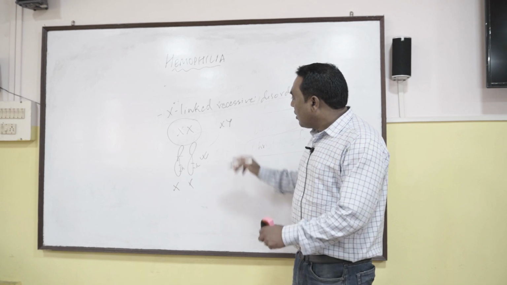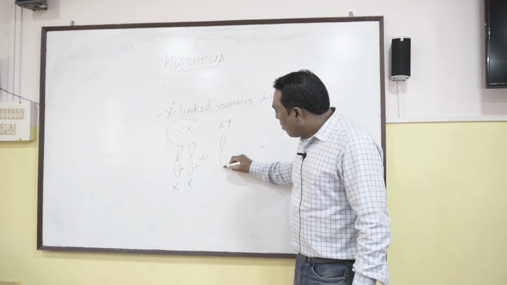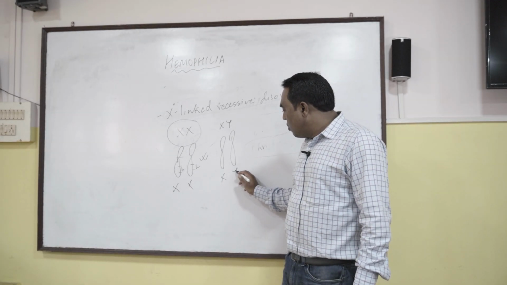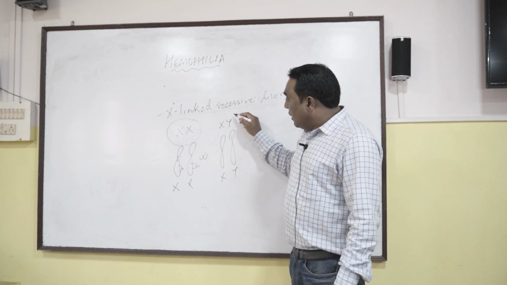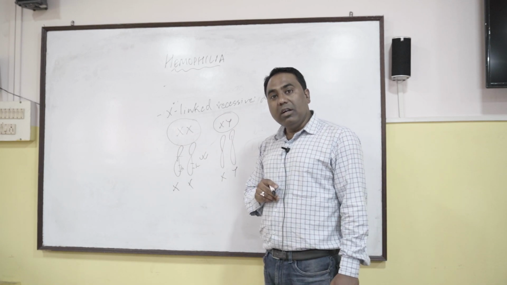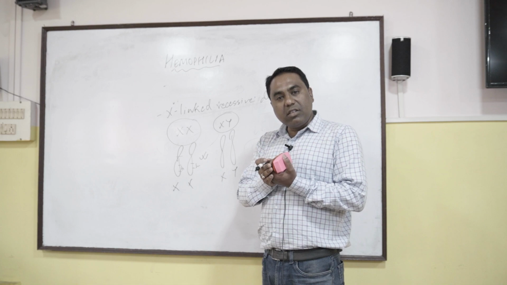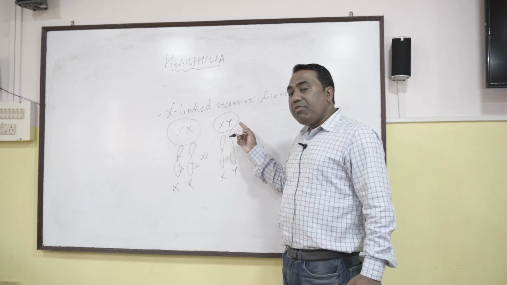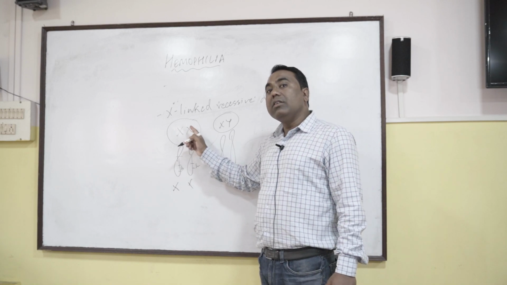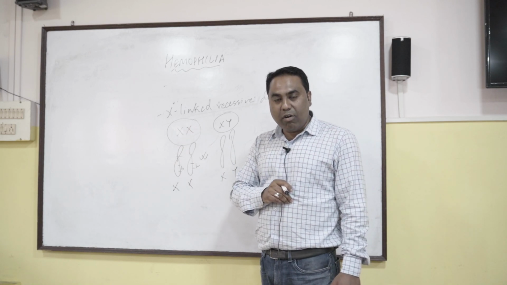Now, the male also has a pair of chromosomes, one is X, one is Y. Because hemophilia is an X-linked recessive disorder, like any other X-linked recessive disorder, males are very frequently affected, whereas females may act as a carrier of this disease.